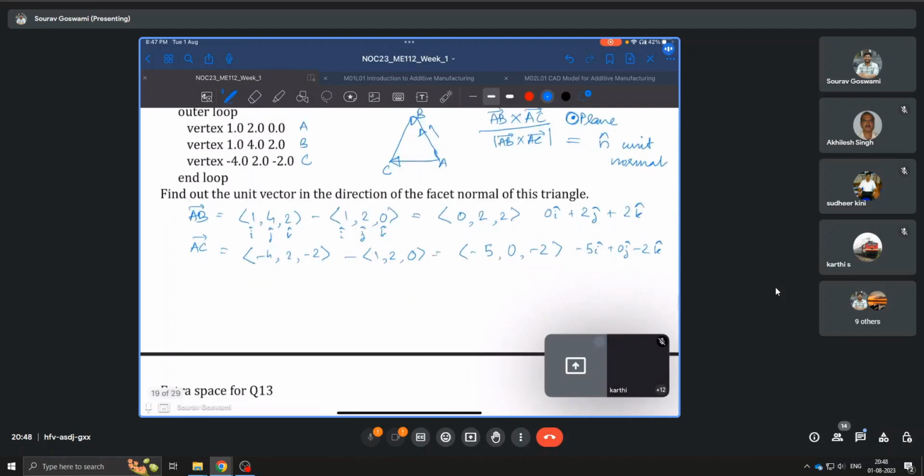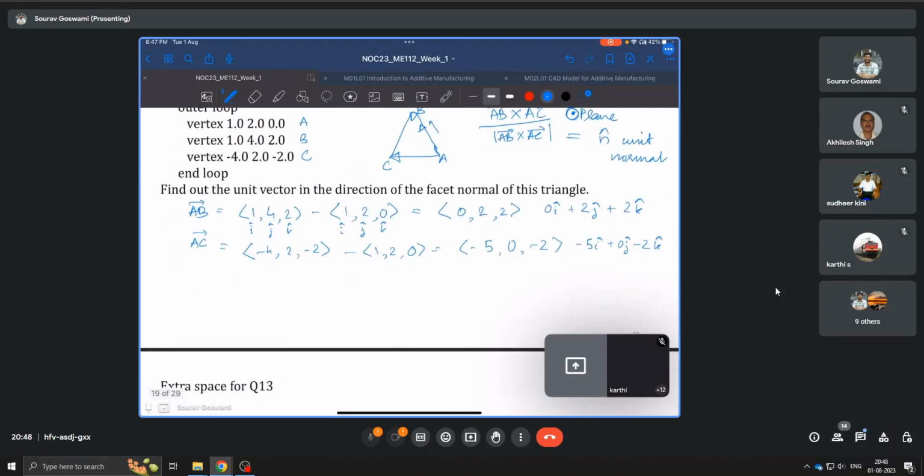Now, I want a cross product. So, this is a vector cross product.